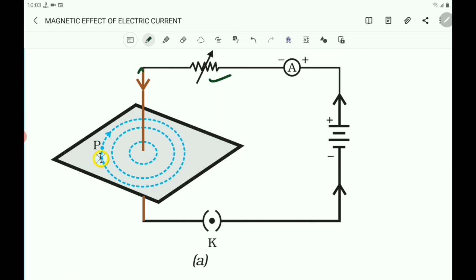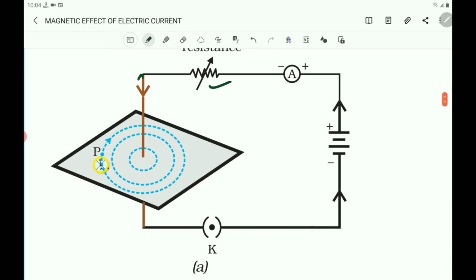So by changing the amount of electric current passing through the wire, you must observe the deflection in the compass needle. When the electric current increases, you can observe that the deflection in the compass needle increases. And when the current decreases, the deflection in the magnetic needle also decreases.